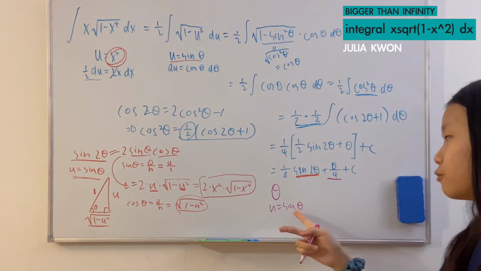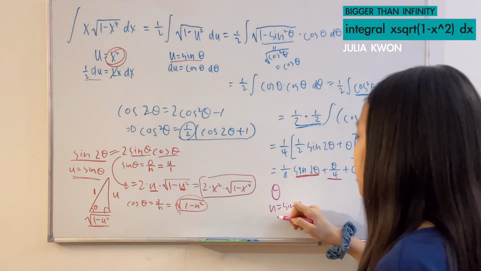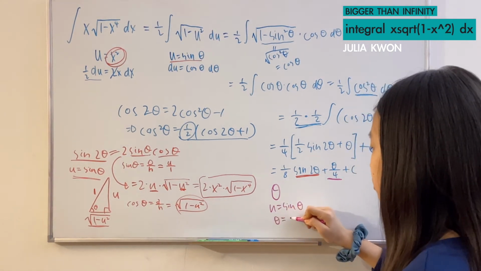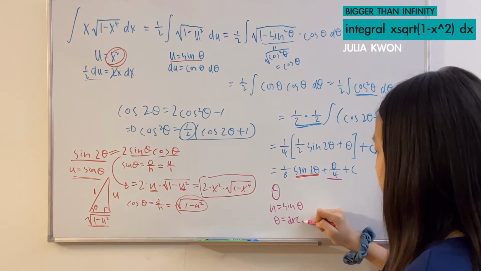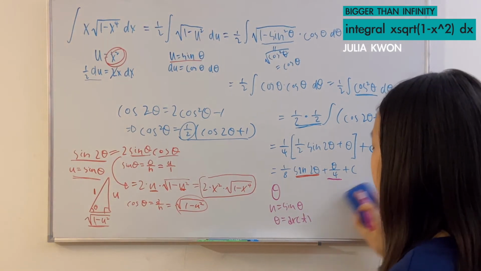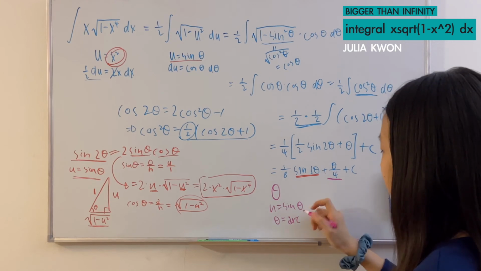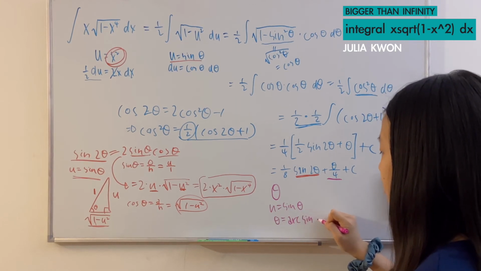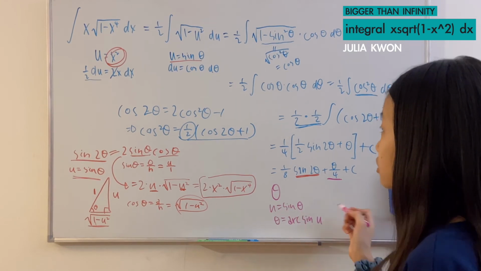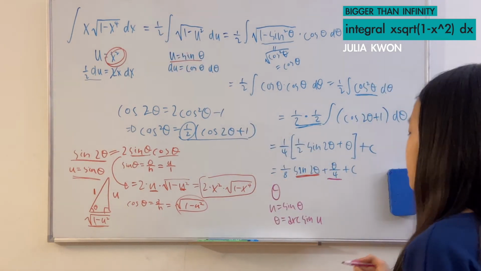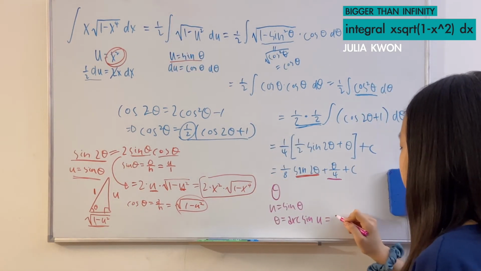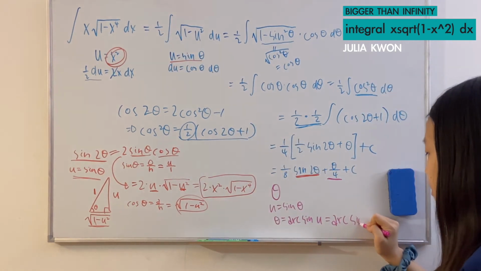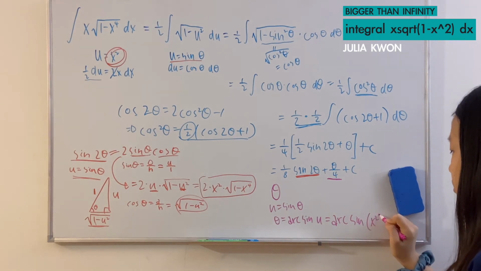And if we solve for theta, then we'll have theta is equal to arcsine u, and u is equal to x squared, so that would give us arcsine of x squared.